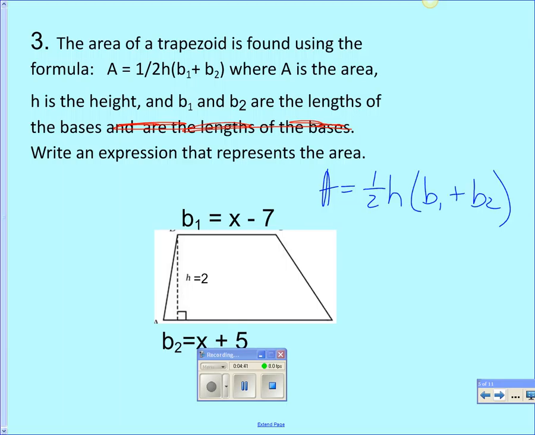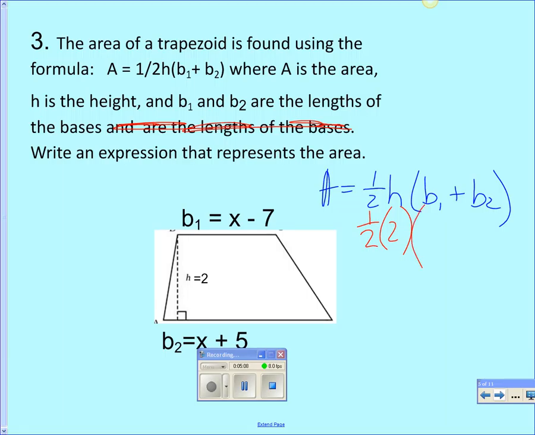Okay? Chad, what's something else we can put in the formula? Yes. Let's do it in order, Chad. So what goes in for the h? The 2. h is height, and it says there's a 2 right there. Okay?